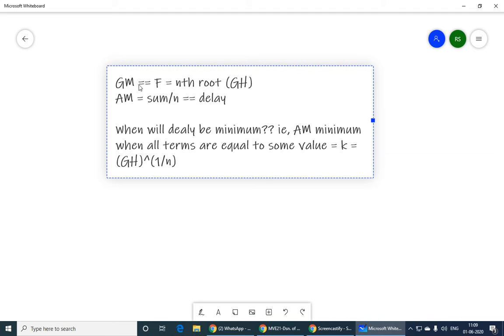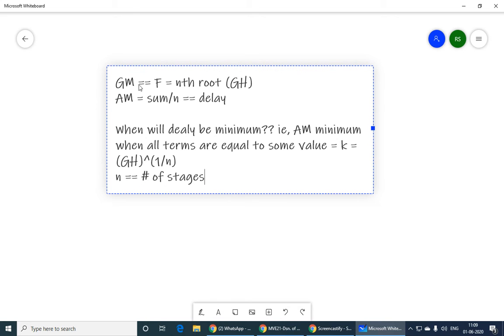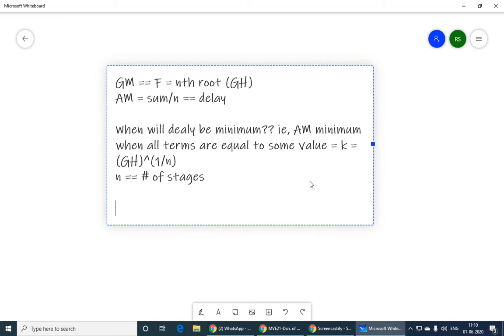Now in that case the number of stages was 4, so n equals the number of stages. And if I satisfy this particular condition, that is, for every stage I put the value GH to the power 1 by n, then I am going to get the least possible delay. That is the very simple outcome of the arithmetic geometric mean inequality.